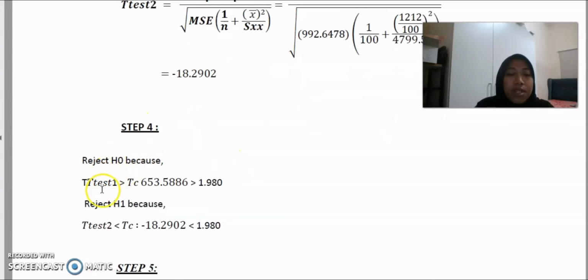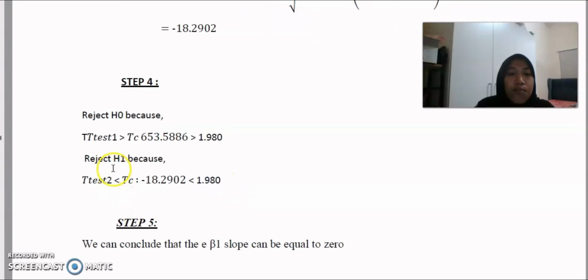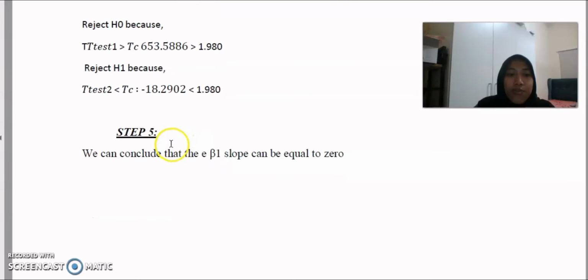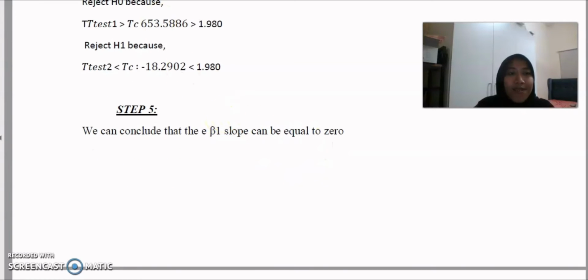So step 4, we reject H0 because t-test 1 is more than tc, which is 1.980, and t-test 2 is less than negative 1.980. So lastly, we can conclude that the slope beta 1 cannot be equal to 0.